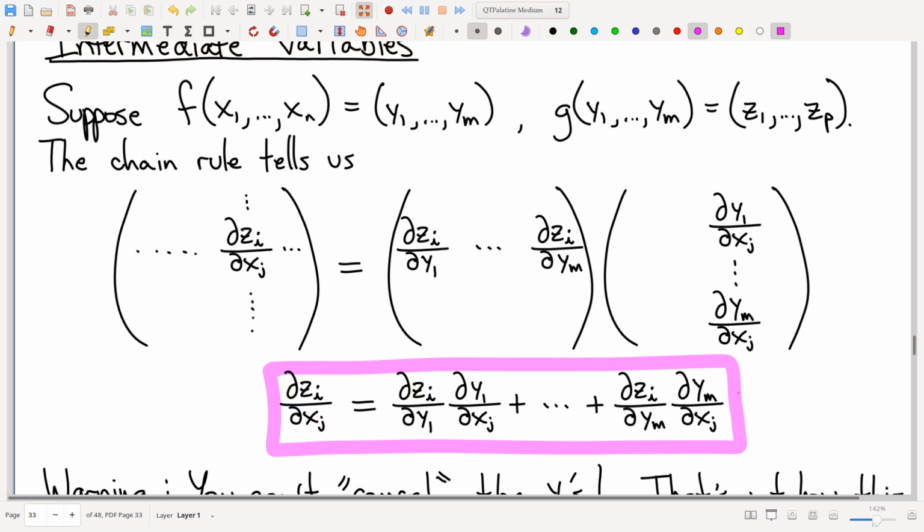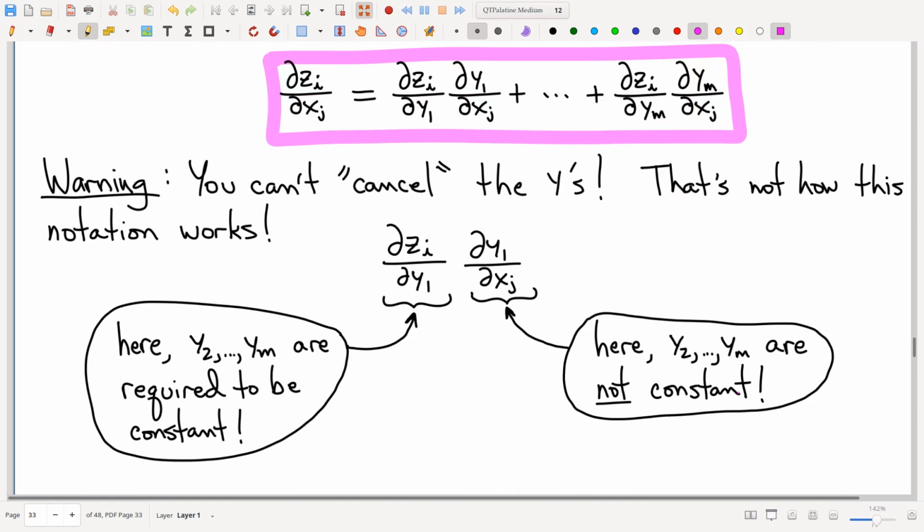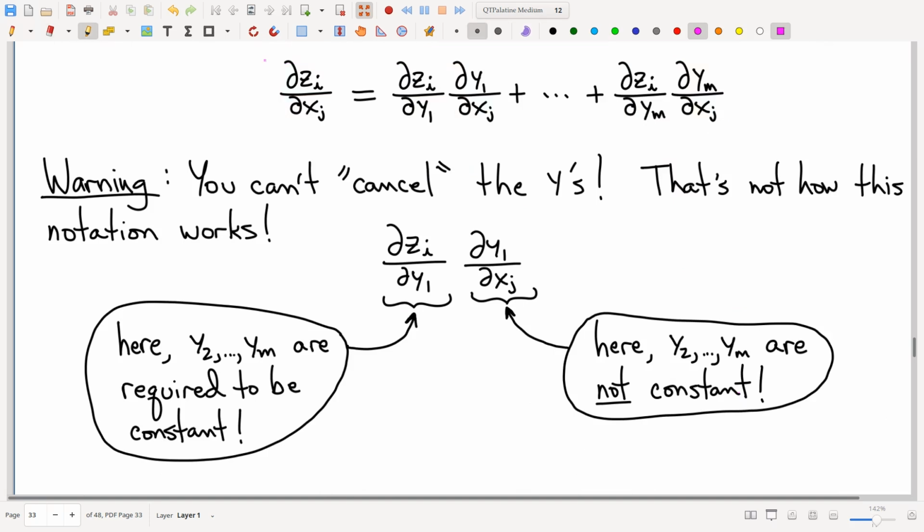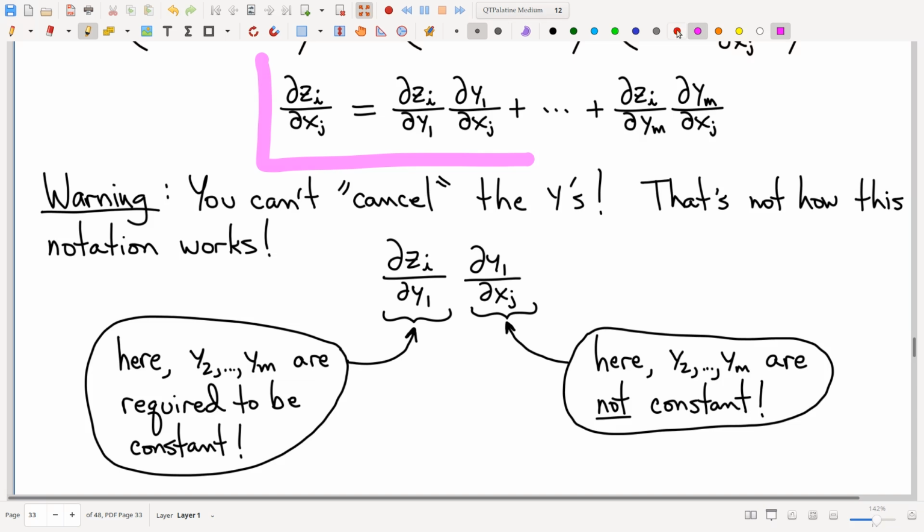Now, there's a whole bunch of stuff I want to say about this equation, how to think about it. But before I get to that, I do want to give you a warning. A lot of students get this one wrong, surprisingly often. And as I've talked about this before, the more I harangue about particular landmines, the less students step on them. And so here we go. Here's what a lot of students do wrong. A lot of students start writing this down, and they get to here, and they're like, oh, well, wait a second.